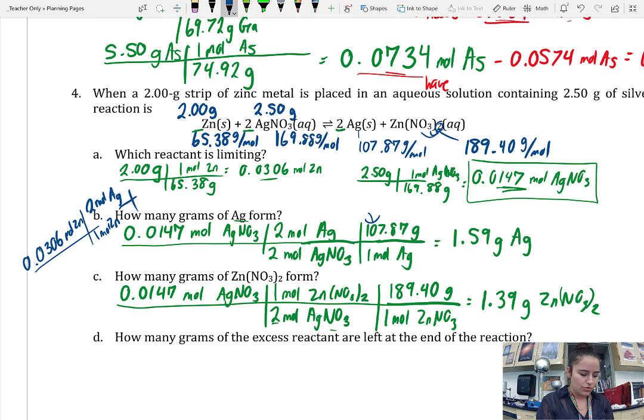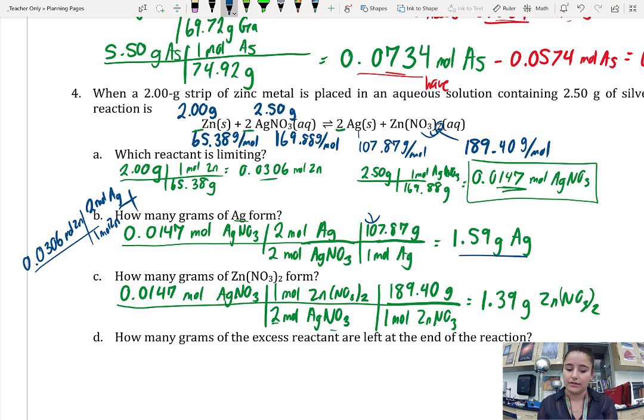I'm just going to show you really small here, so times 2 times 107.87, and I get 6.60 grams. That is much higher than what I was actually able to form. So just another way that you can check your answers.